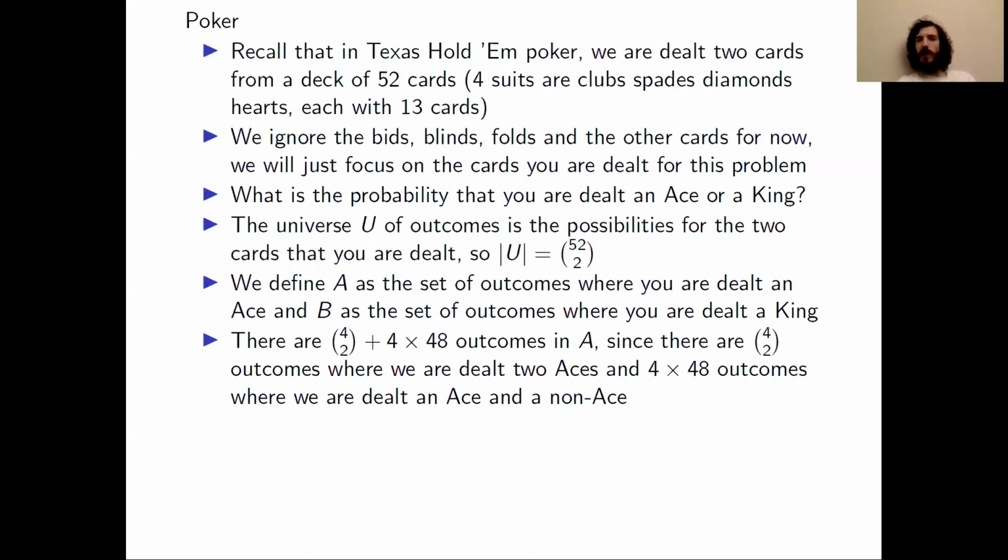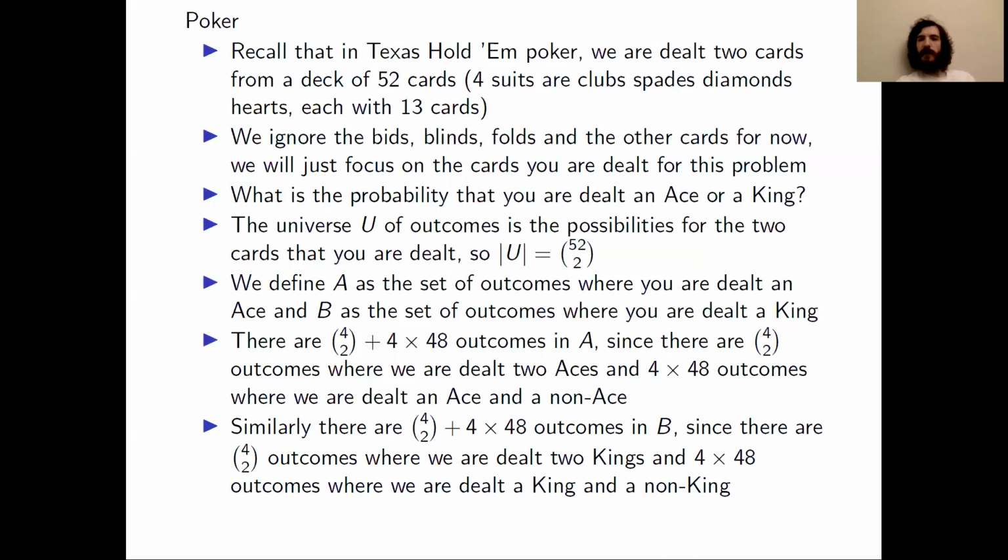There's 4 choose 2 outcomes where we're dealt 2 aces because there's 4 total aces and we would be choosing 2 of them. There's 4 times 48 outcomes where we're dealt exactly 1 ace because there's 4 choices for the ace and 48 choices for the non-ace. So that's how we get the total number of outcomes for A.